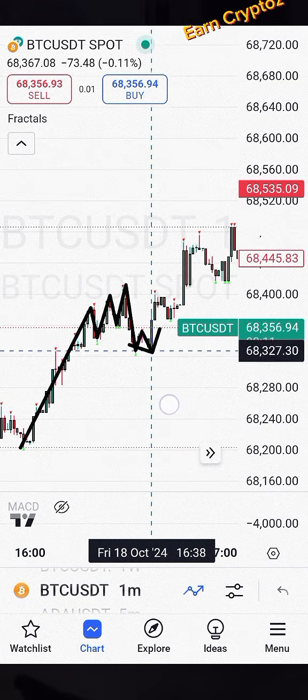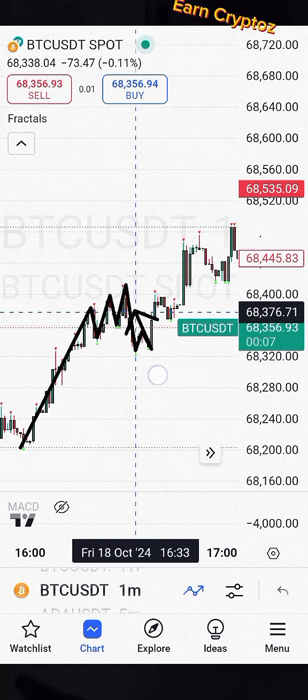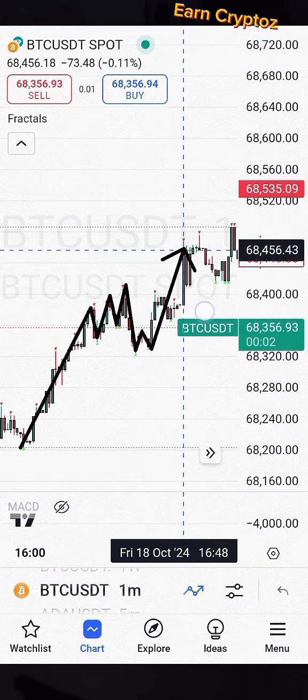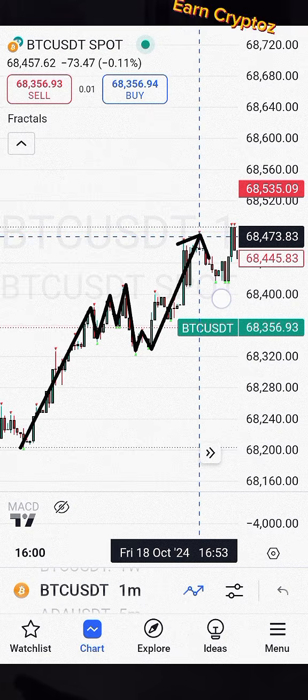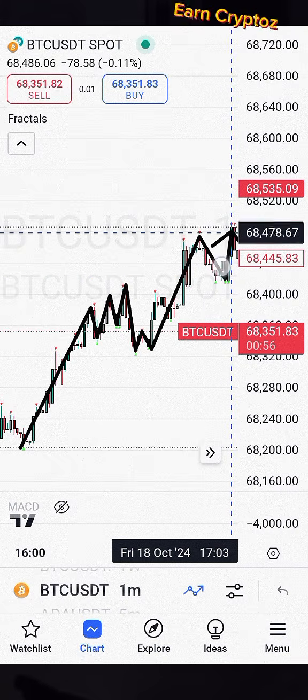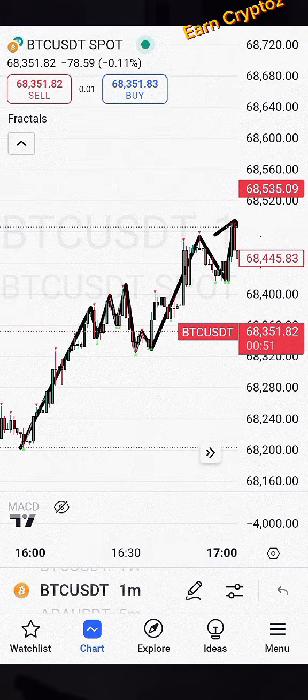It is important to note that this structure only happens if the market does not change from uptrend to downtrend or downtrend to uptrend. And once the impulsive move is done, there will be a correction and then another impulsive move.